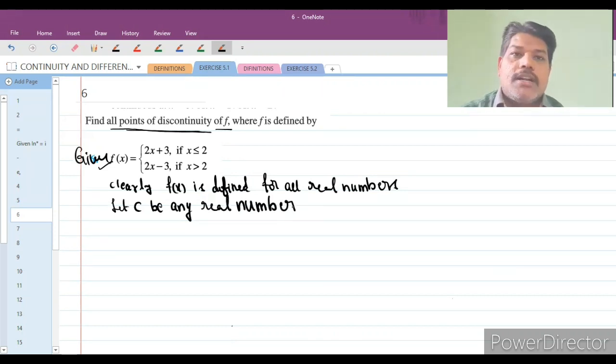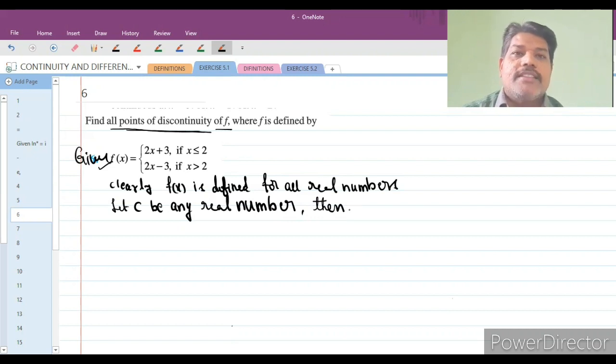So if C is any real number, in this case three cases will arise. What are those cases? The function is defined like this: C less than 2, C greater than 2, and C is equal to 2. That means x less than or equal to 2 and x greater than 2.